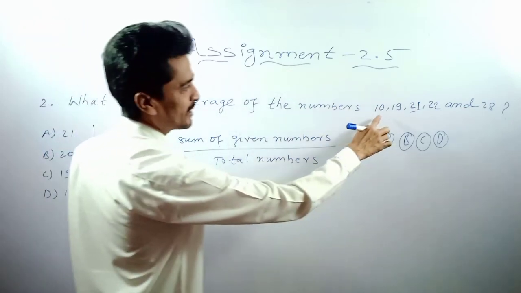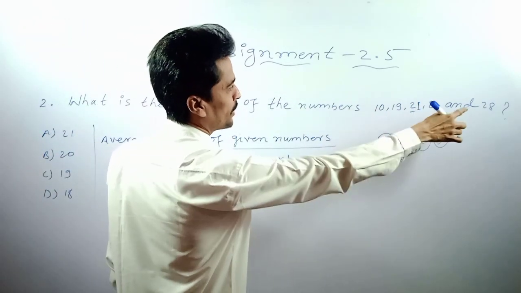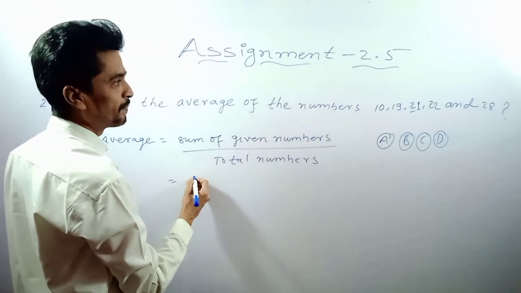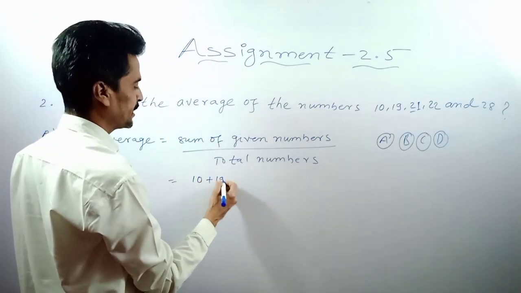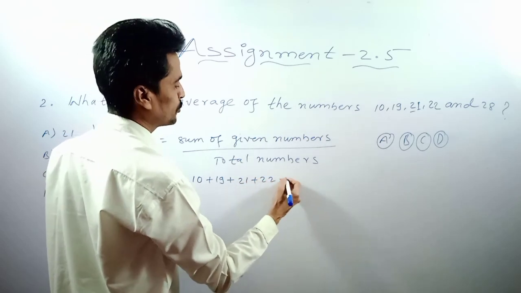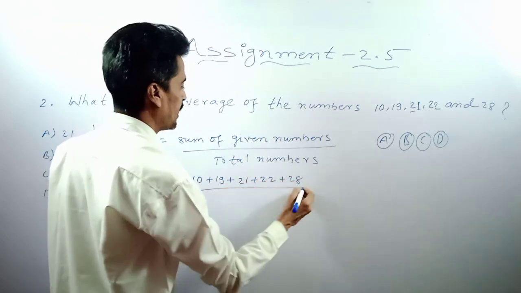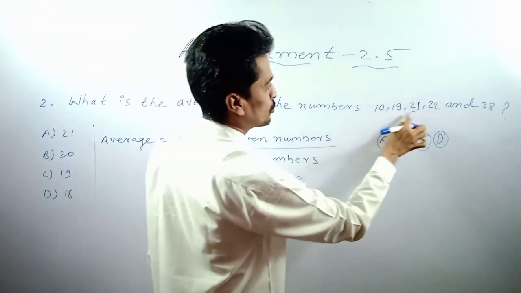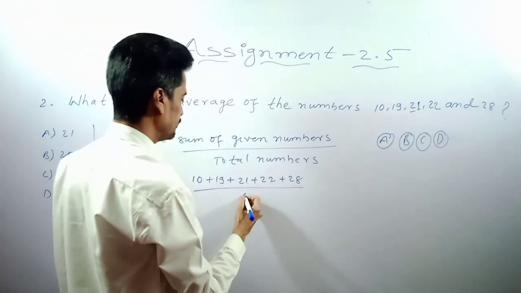So given numbers are 10, 19, 21, 22 and 28. So 10 plus 19 plus 21 plus 22 plus 28, and total numbers 1, 2, 3, 4 and 5 upon 5.